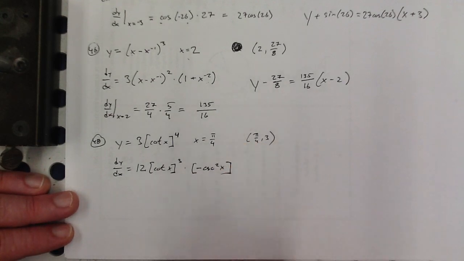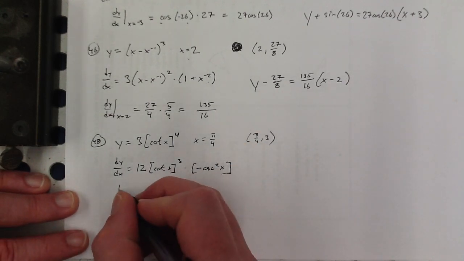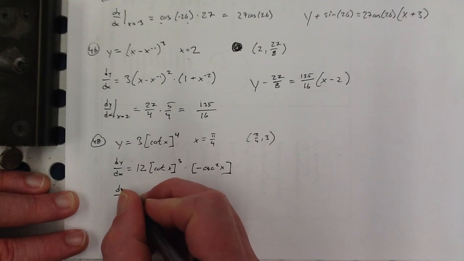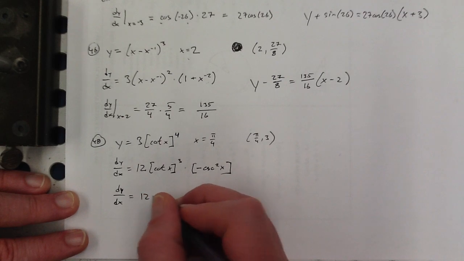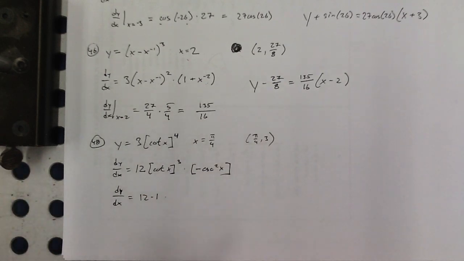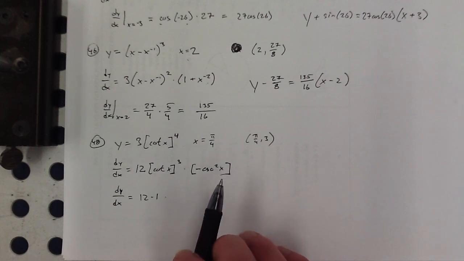Okay, now I gotta plug pi over 4 into this. So pi over 4, that's just 1 still. So that's 12 times 1 cubed, which is 1, times, let's see, the cosecant of pi over 4.